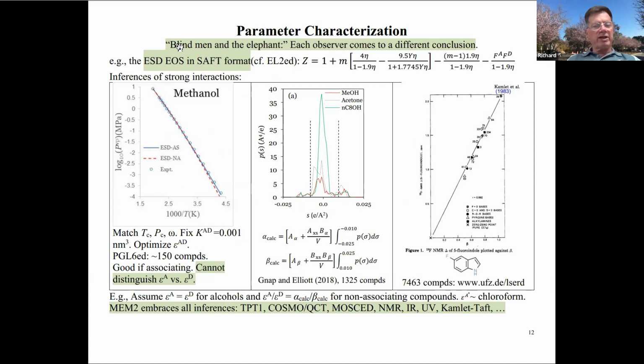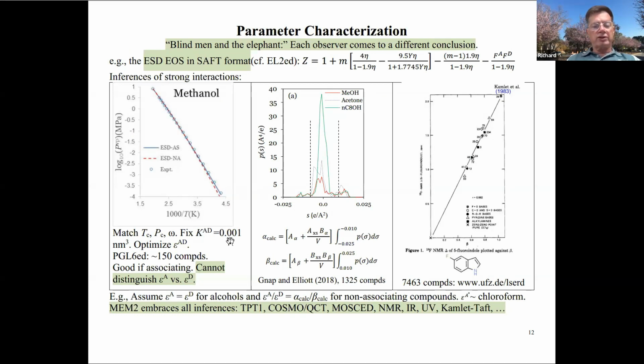As I mentioned, there are many, many measurements characterizing acidity and basicity. The one that I used, when I was using MEM1, I was just trying to characterize self-association versus non-self-association. And I found you could get a good feel for that just by looking at vapor pressure data.